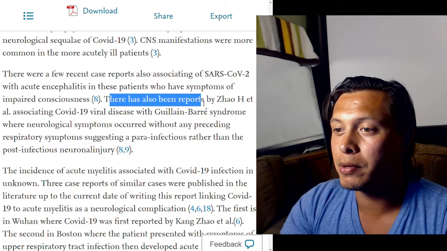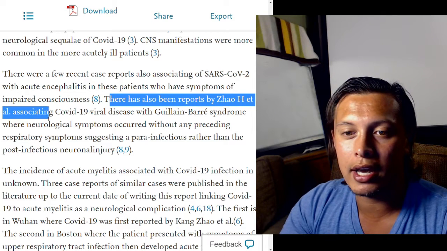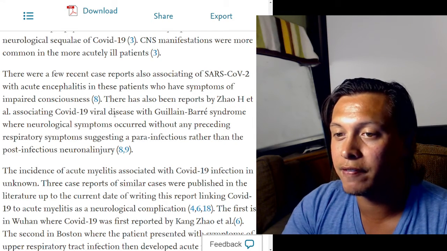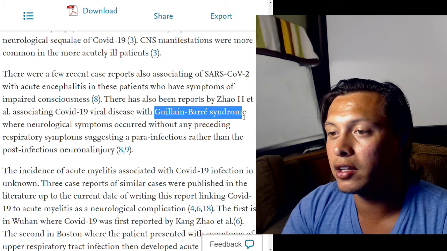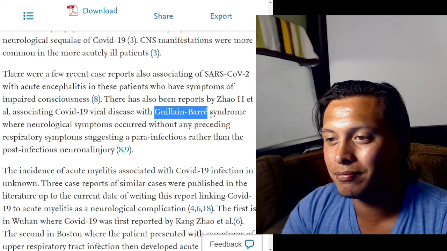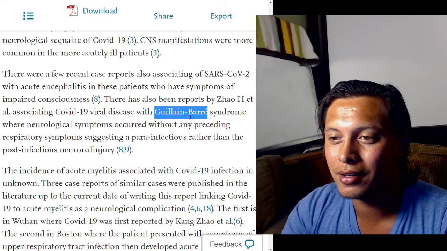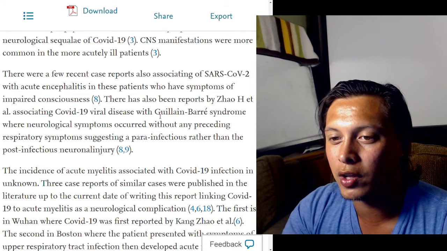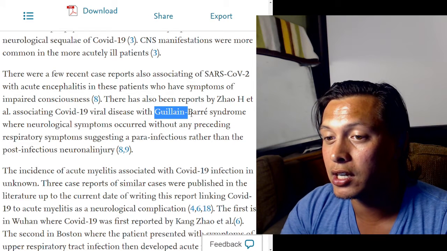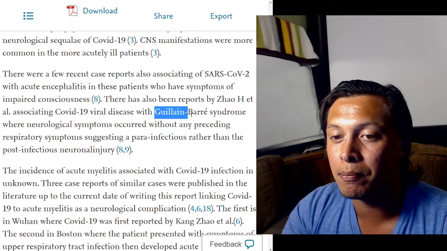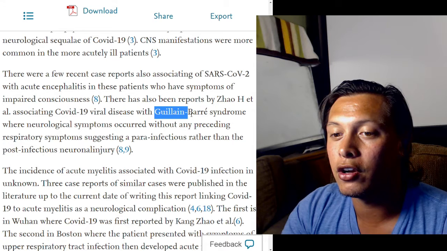There have also been reports by Zhao and others associating COVID-19 with Guillain-Barré syndrome, where neurological symptoms occurred without any preceding respiratory symptoms, suggesting a para-infectious rather than a post-infectious neuronal injury.